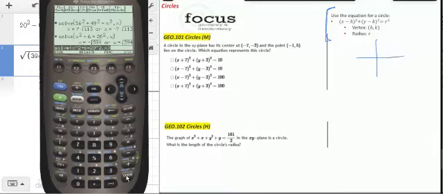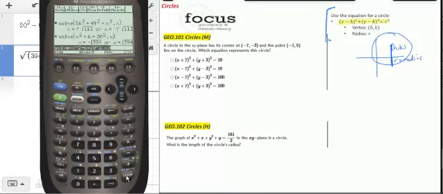If you have the center of a circle that is (h, k), the radius is r. The formula that you're going to use is (x minus h), the x coordinate of the center, squared, plus (y minus k), the y coordinate of the center, squared, is equal to the radius squared.